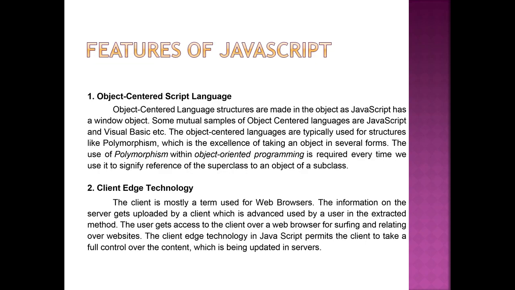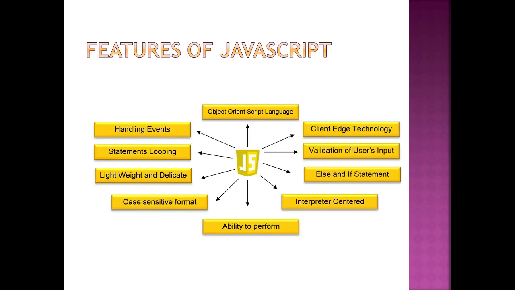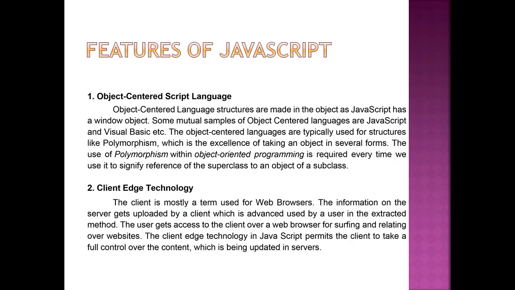When we use JavaScript, it's like we are creating an object that provides what we discussed earlier: features like polymorphism, abstraction, and inheritance. Those are the features of what we call an object-oriented script language.